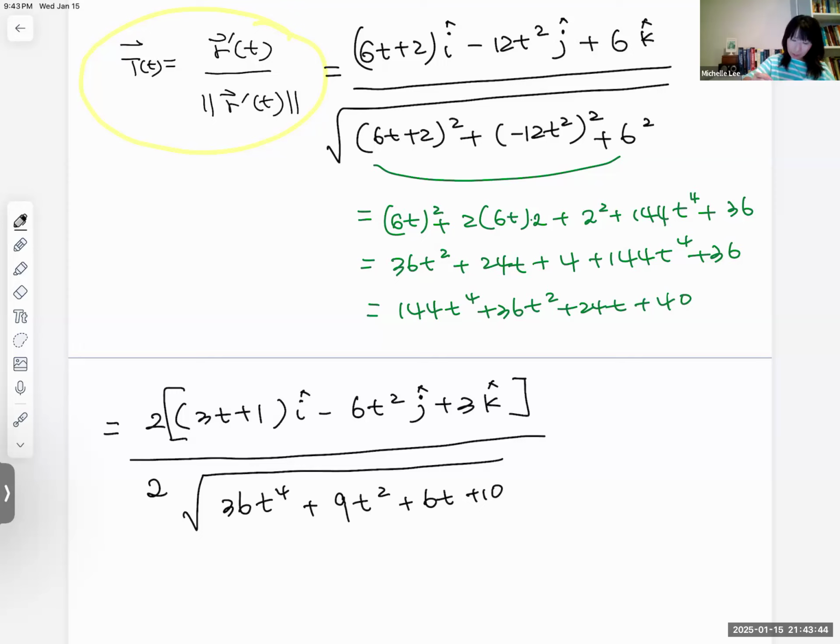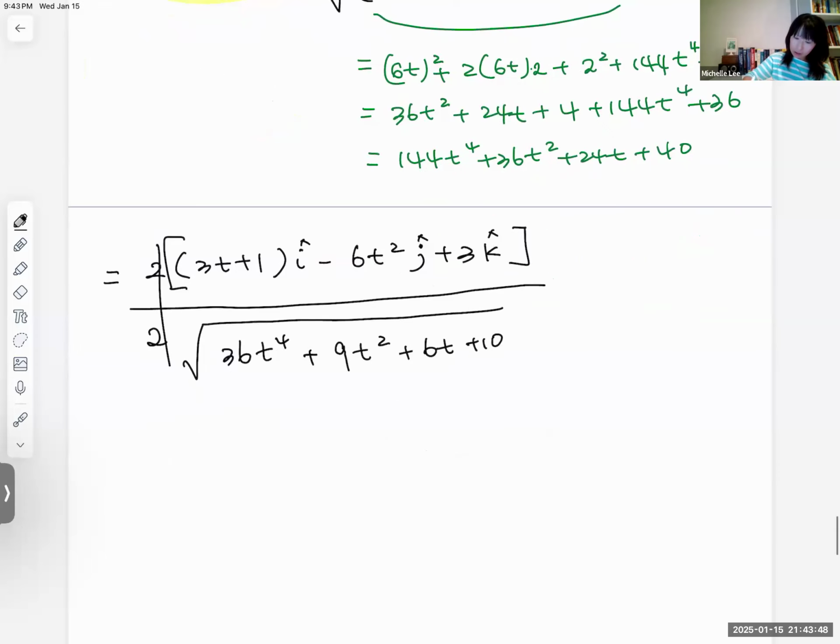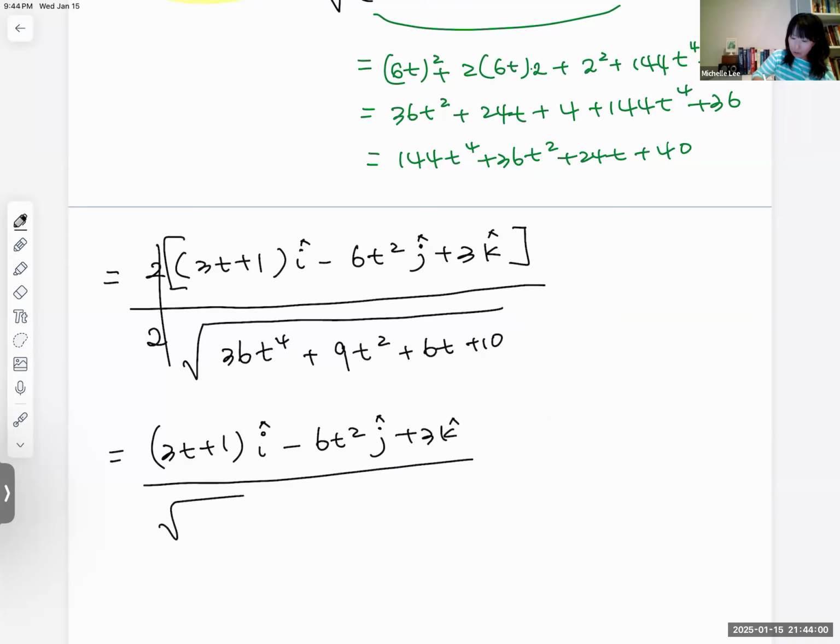So that will be 2, right? Then simplify. So that is the answer: 3t plus 1 i hat minus 6t squared j hat plus 3k hat over the square root of 36t to the fourth power plus 9t squared plus 6t plus 10.